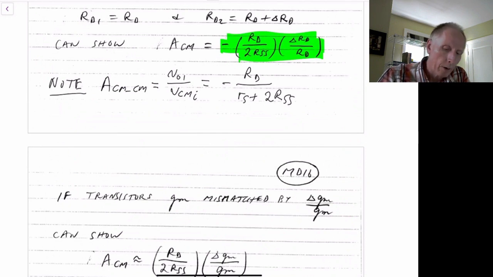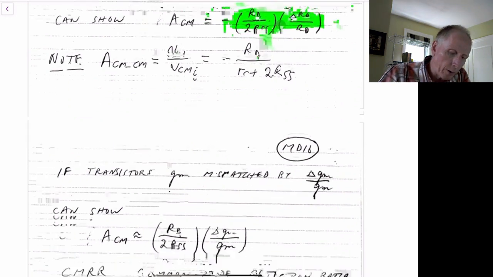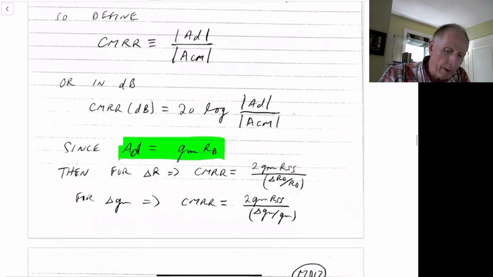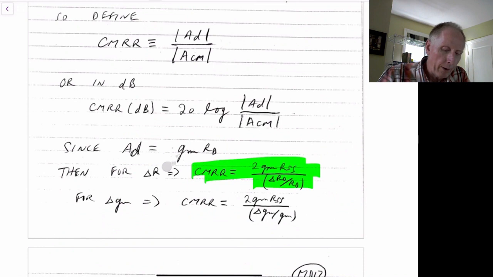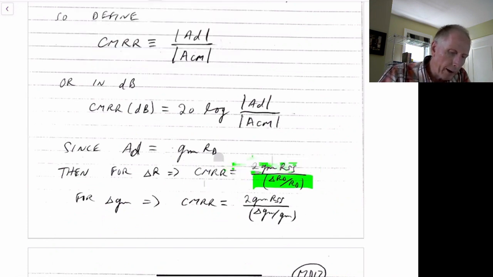So if we want to look at the common mode rejection ratio, we divide the two, and we end up with our common mode rejection ratio when we have a resistor variation given by this value here. Similarly, if we look at it for a delta gm, our common mode rejection ratio would be given by this equation here.